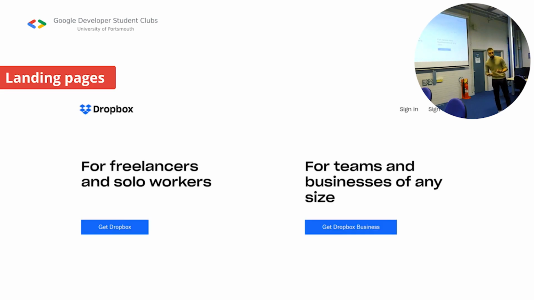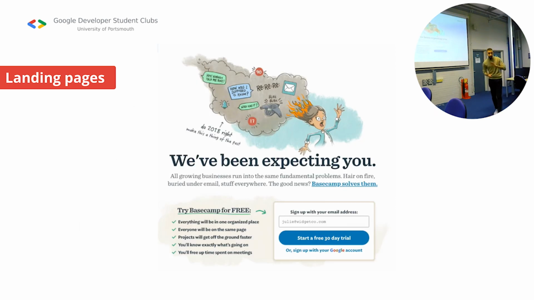Usually there are landing pages. So Dropbox here has the line above the call to action and the text inside of the call to action working together perfectly. And never be too humble when it comes to what you write inside of your CTA. The more information you give, the merrier, right?